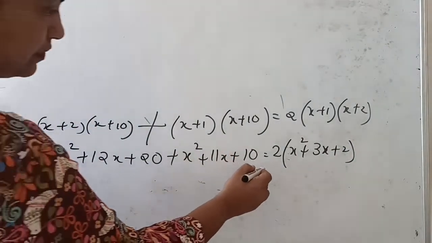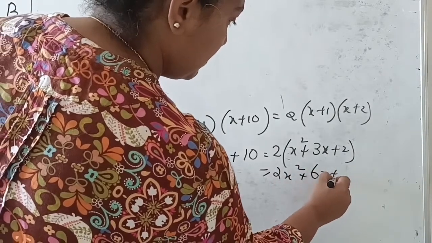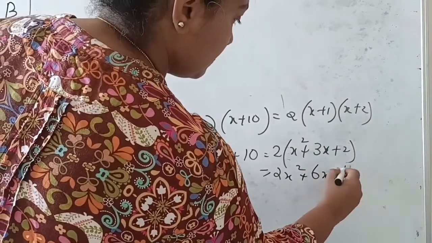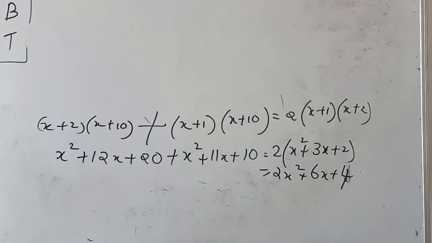So, this becomes 2x square plus 6x plus 4. Sorry. Okay. Now, what is my next step? I have to transpose all the variables to LHS and all the constants to RHS. So, what are my variable terms?